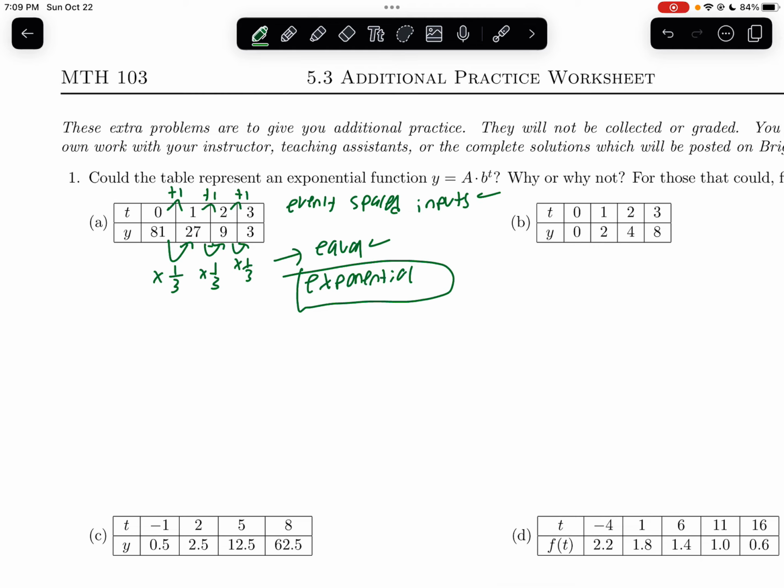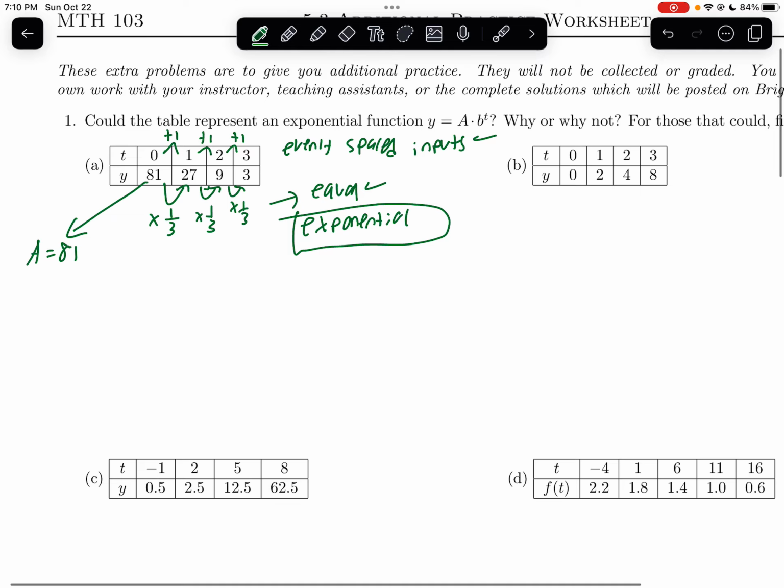And we know a little bit more because we know the vertical intercept is 81. So A is 81. And the last thing we need to do is figure out the growth factor. So we know that our function looks like this. So you can use any other point besides the intercept here.